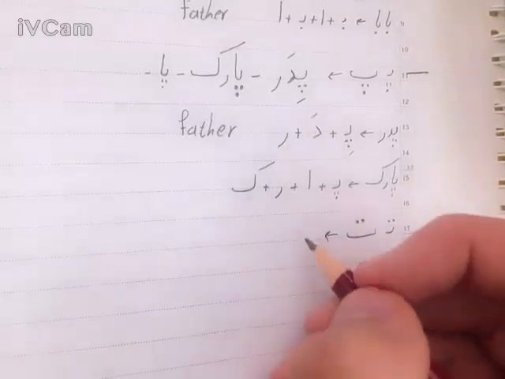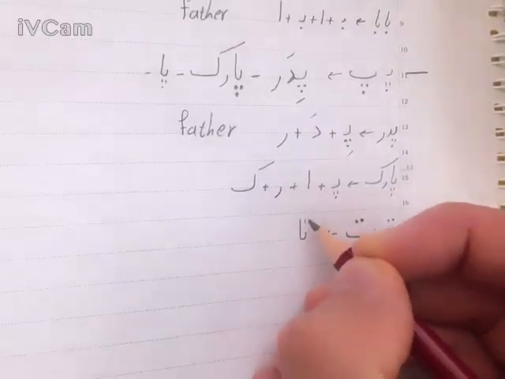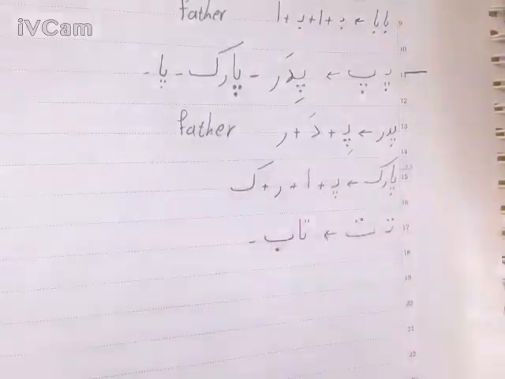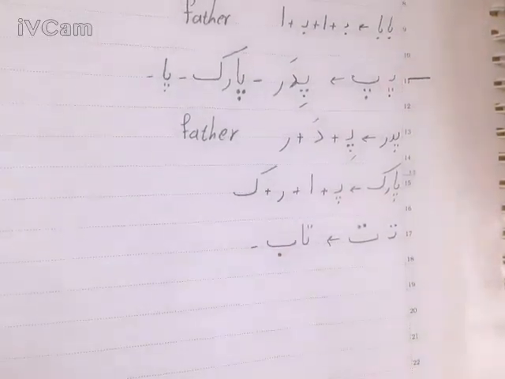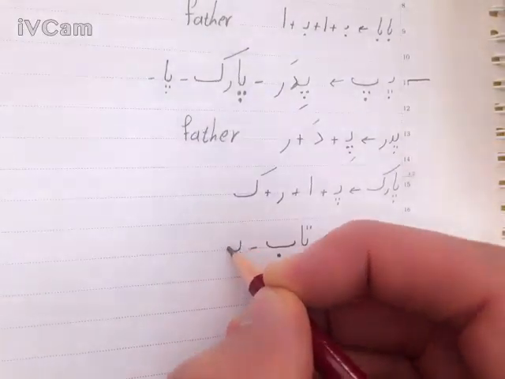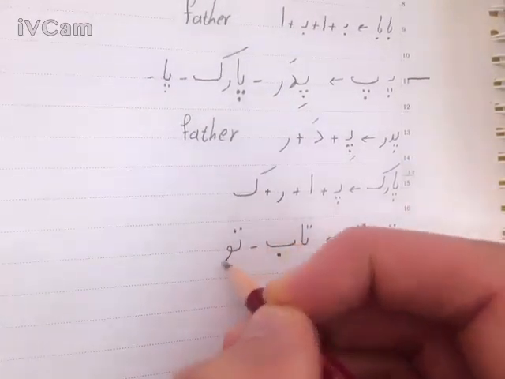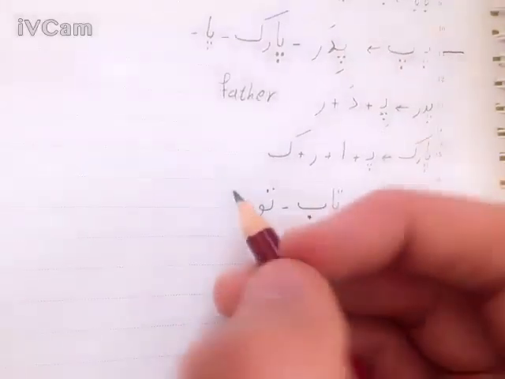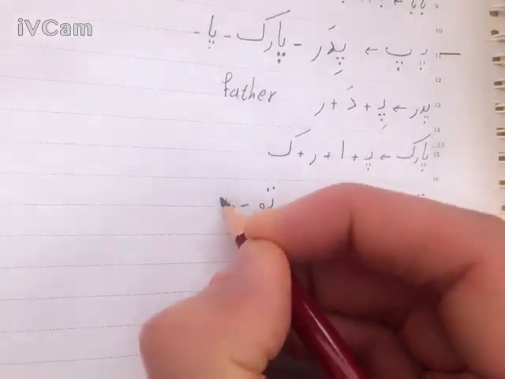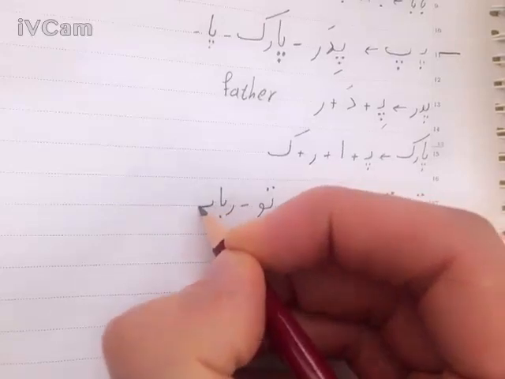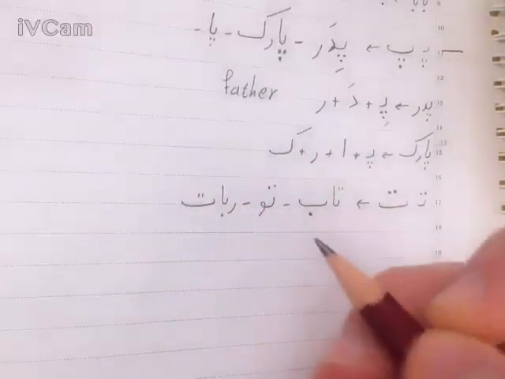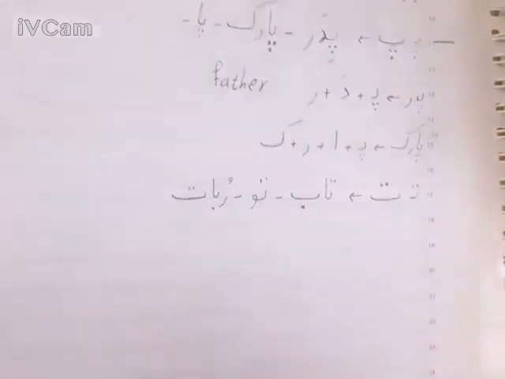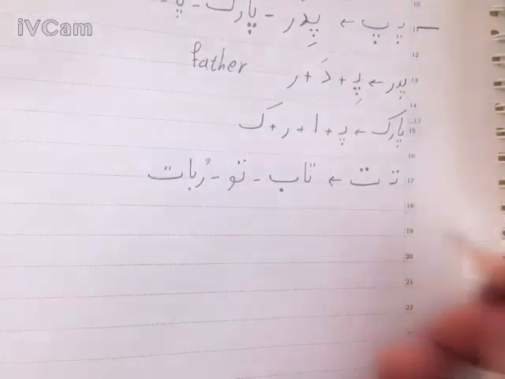So let's see it. For example, tub. To. Robot. Let's see how to spell that.